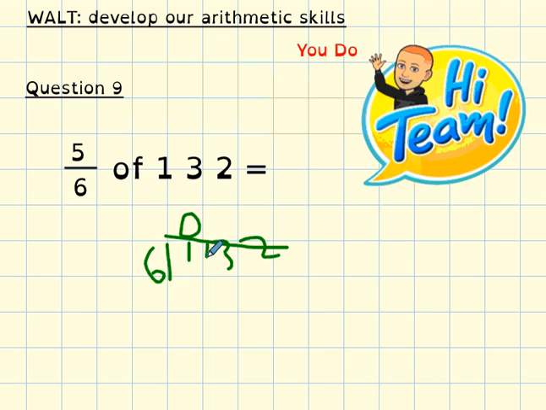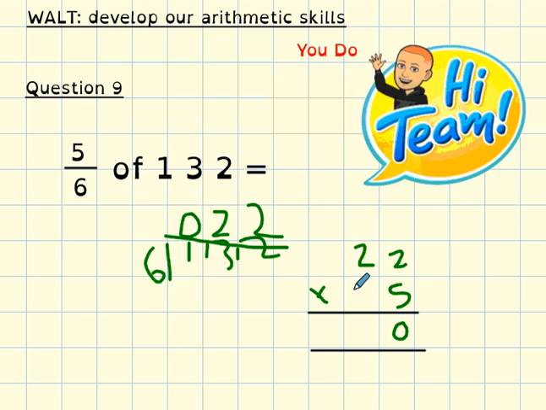Exchange the 1. 6 into 12, I can make 2 groups, and then 22 even, times 5, which is your numerator. 5 times 2 is 10. Exchange the 1. 5 times 2 again is 10. Add on the 1 is 11. Your final answer, 110.